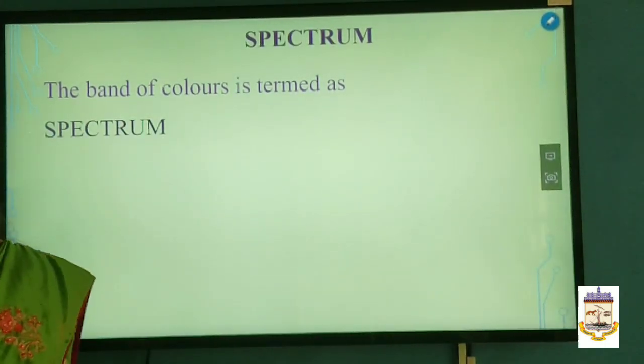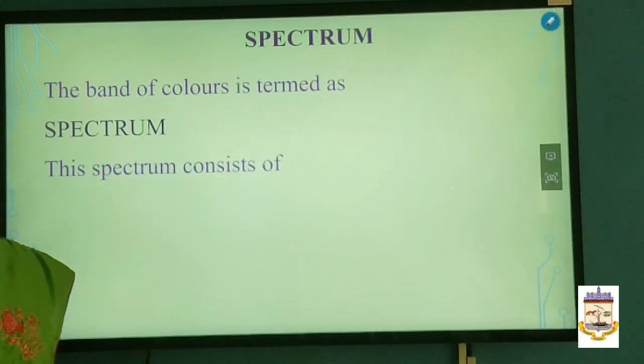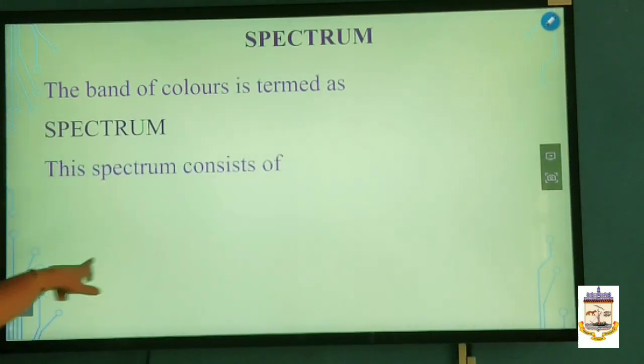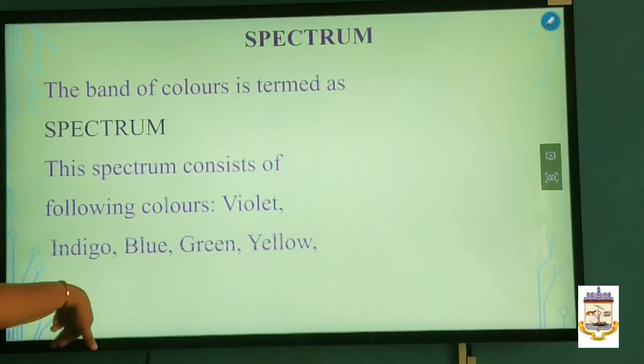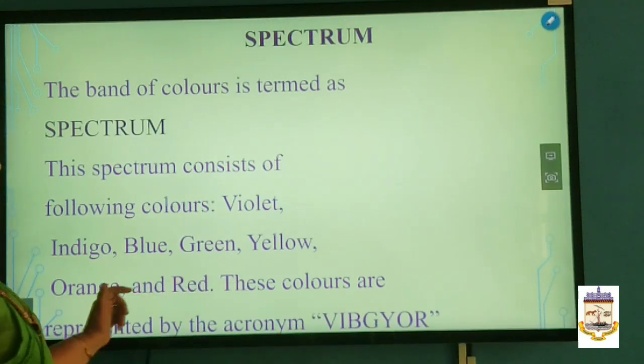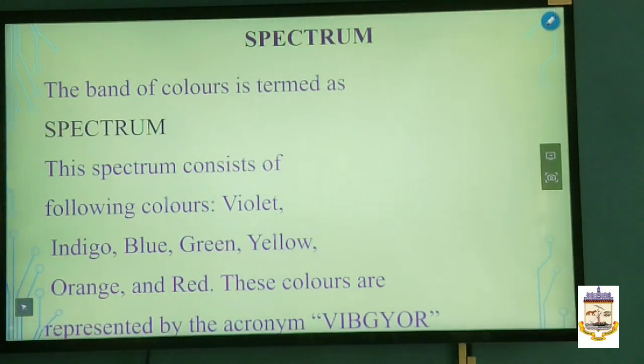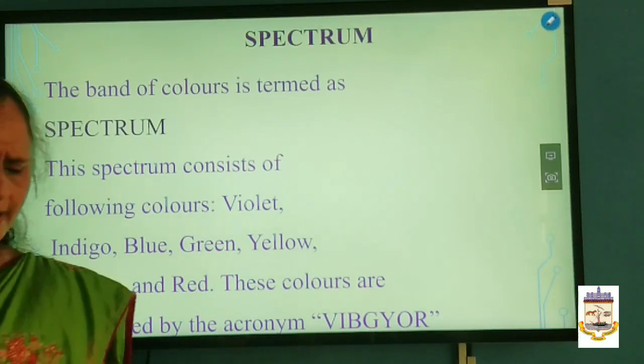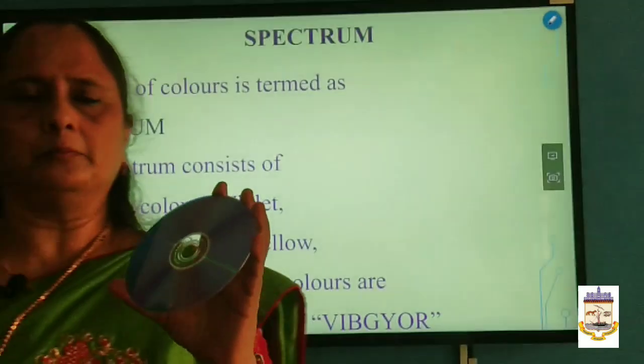How many colors does the spectrum have? Can you guess? Yes, it has 7 colors: violet, indigo, blue, green, yellow, orange and red. These colors are termed VIBGYOR. You can see these colors even in a CD.